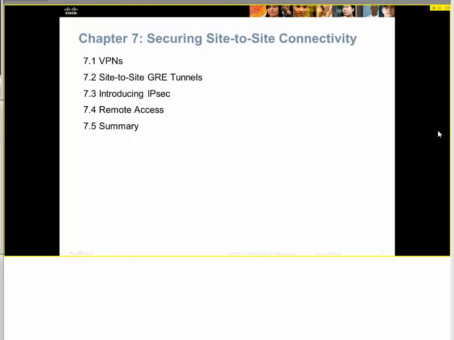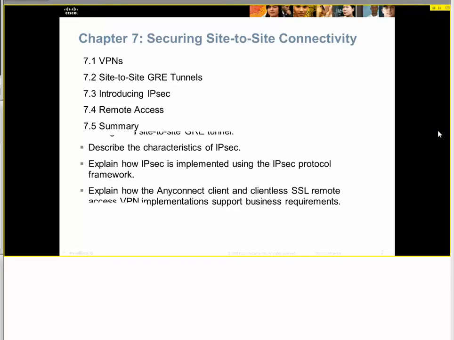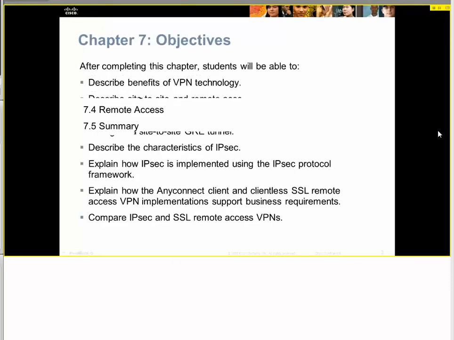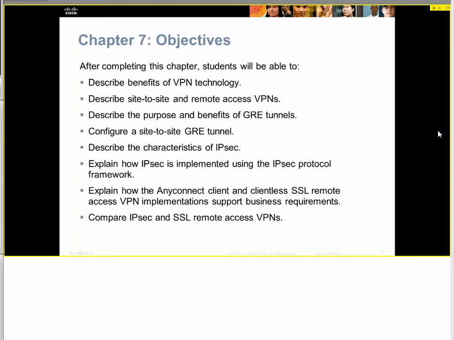So let's start by talking about what is a VPN, or actually what the objectives of the chapter are. By the time we're done with the chapter this evening, we will have described the benefits of VPN technology, a virtual private network technology. We'll describe site-to-site and remote access VPNs.